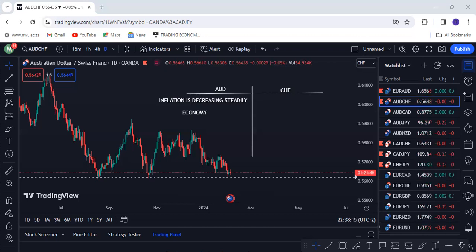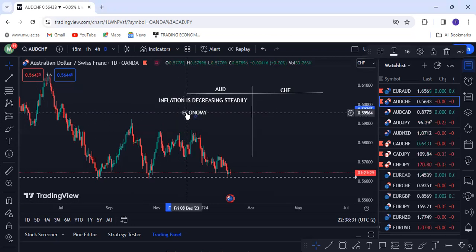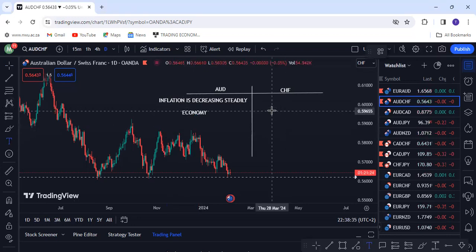So things are not looking good for the Swiss economy. We cannot say that their economy is growing. Quarter on quarter, I think they are going to survive a recession, but year on year, the economy doesn't look good.